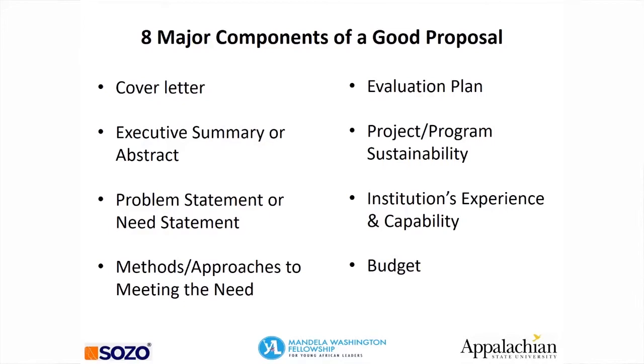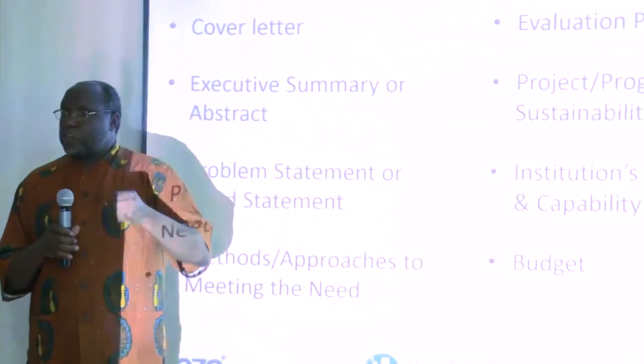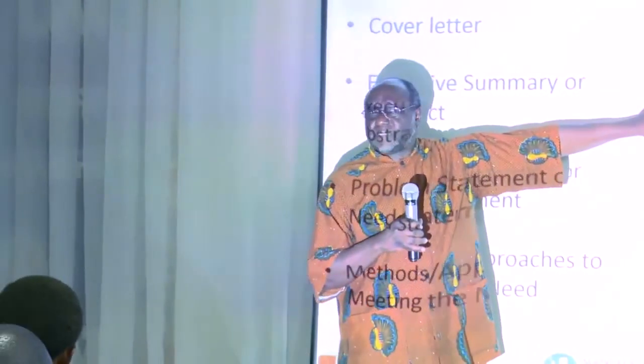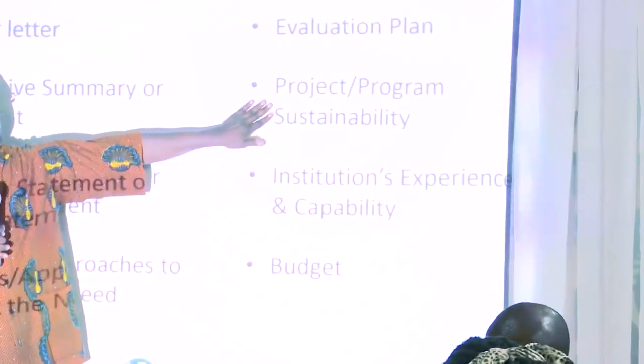And I start writing backward. For example, this part I already have. I know it. I only modify it to fit this particular grant. But this you are already going to have. And most likely, if you really know what you are going to do, you may have some ideas also on this part.